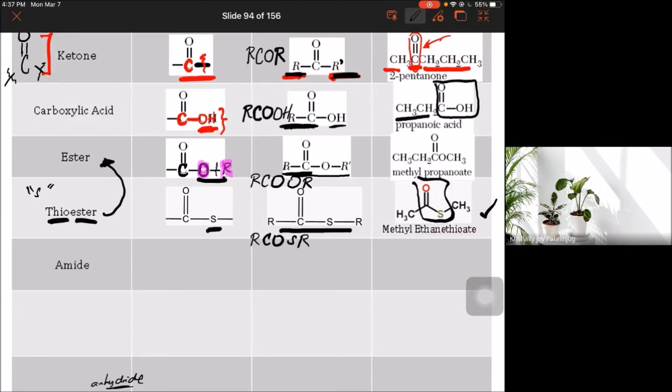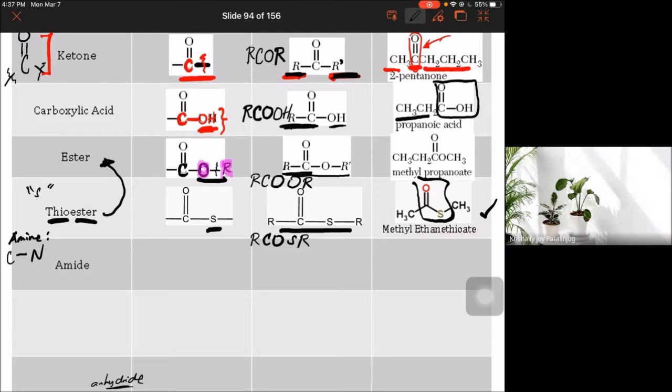Got it? Amide. Amide is different from amine, because the amine has no carbonyl present in the functional group. It's only solely carbon single bond nitrogen.